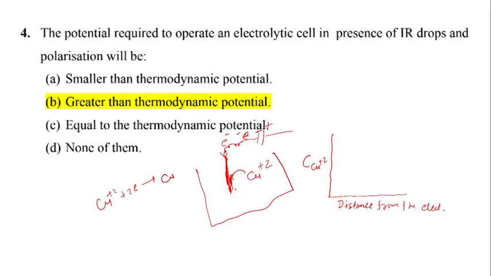Suppose you are going to measure the concentration at different points: first point, second point, third point, fourth point, fifth point, sixth point. These are the different points where we measure the concentration of copper ion. It will be very low here.